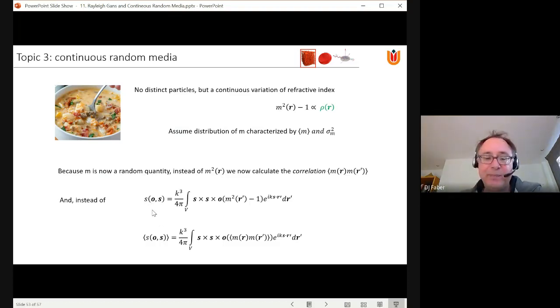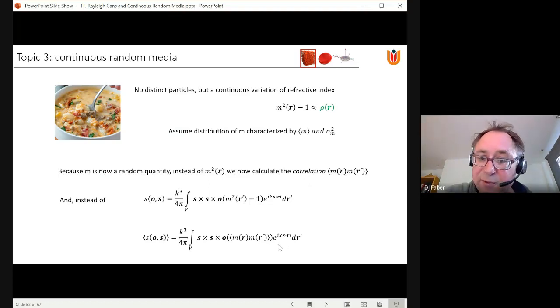So we need to calculate the average. So instead of M squared within the integral, now comes this integral correlation function. And otherwise, the formalism stays the same.